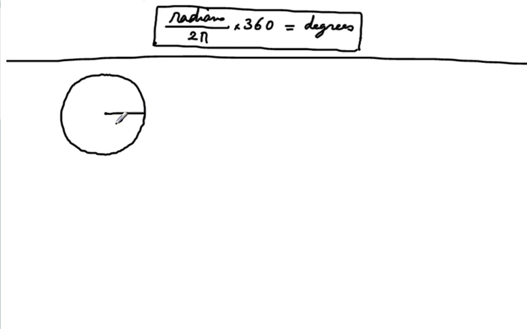Suppose we are on a circle of radius, say, 2 miles, and we are going to travel on some piece of this such that the central angle happens to be, say, 110 degrees.